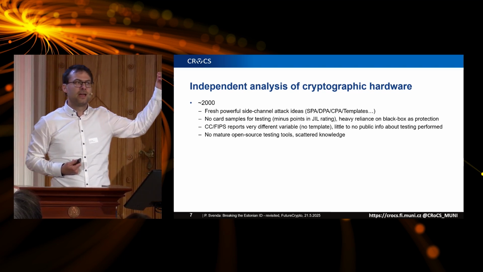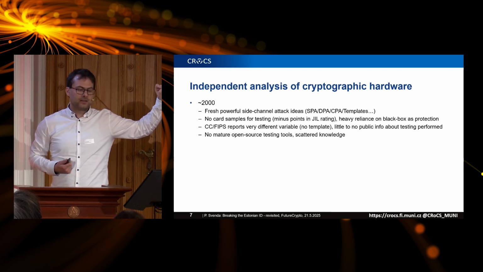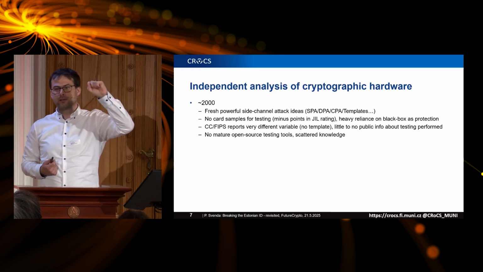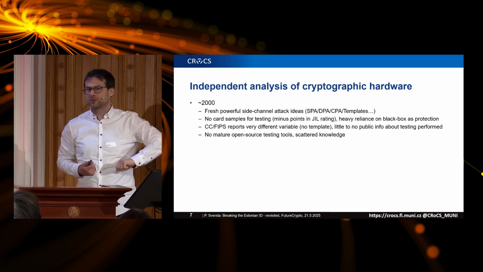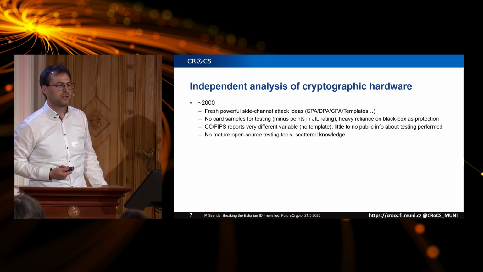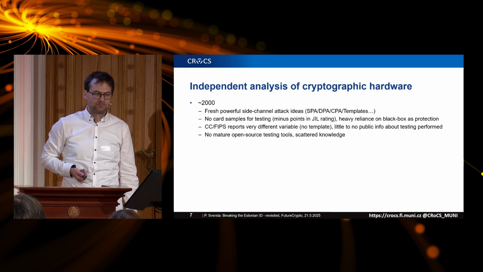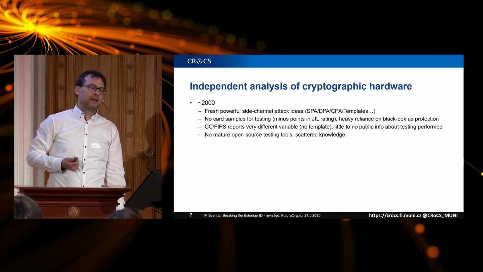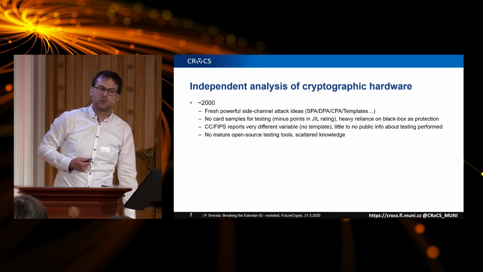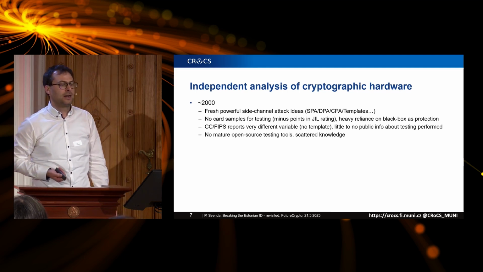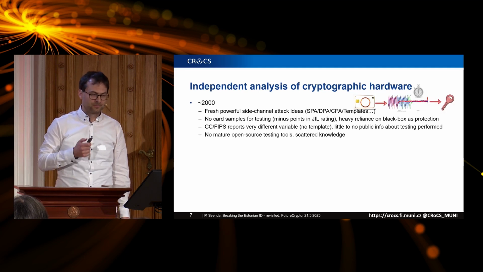You will just have the mention, this chip is tested against differential power analysis, but you will not know how exactly, with what results, how many traces, nothing like that. Everything is kept out of public visibility. And at that point, definitely, we had no open source tooling, no major open ones people can widely use.